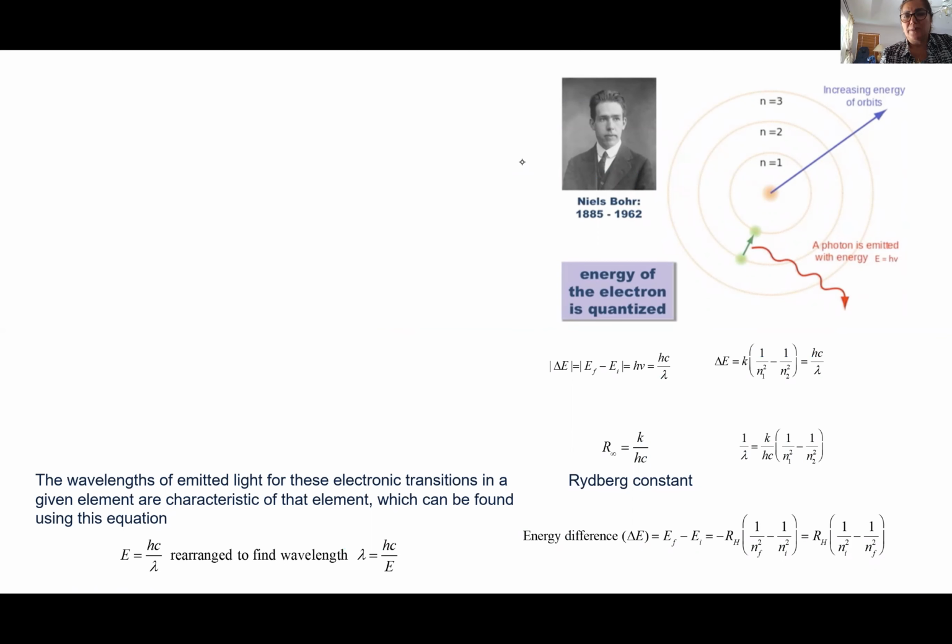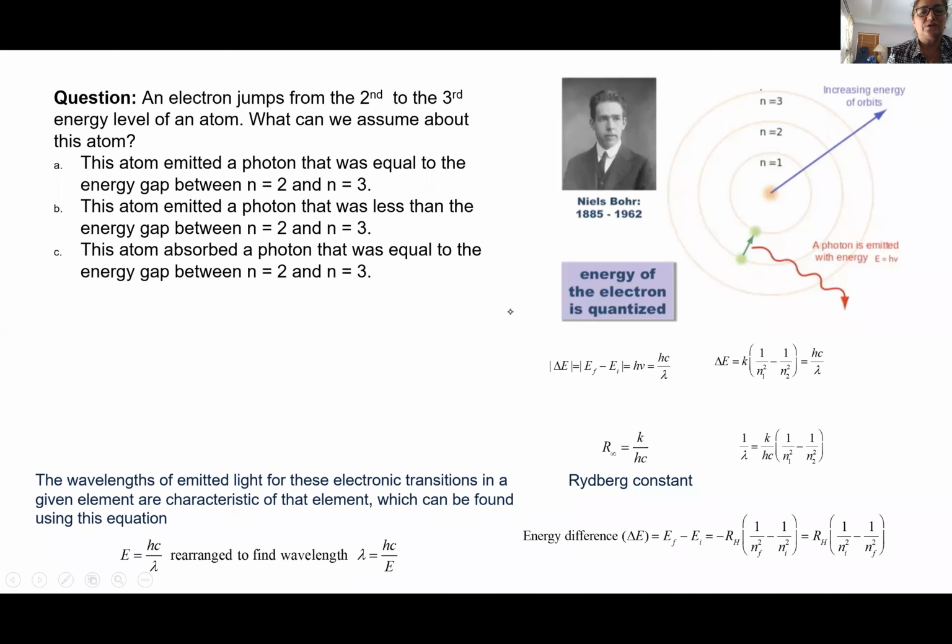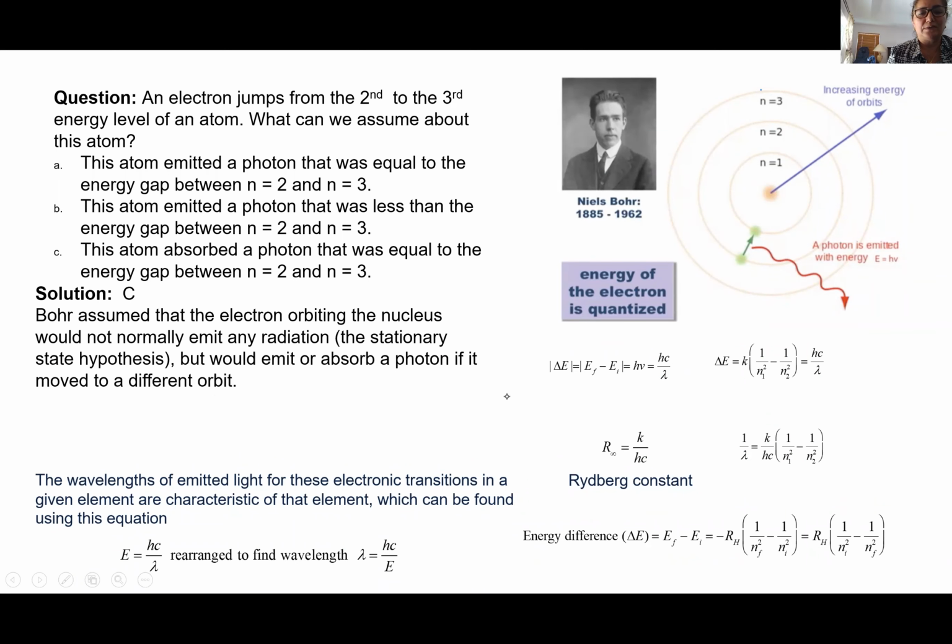What I told you slightly about the Bohr model is that electrons are in different energy levels. What we know from Bohr's model is that the energy is going to be lower for the levels that are closer to the nucleus.